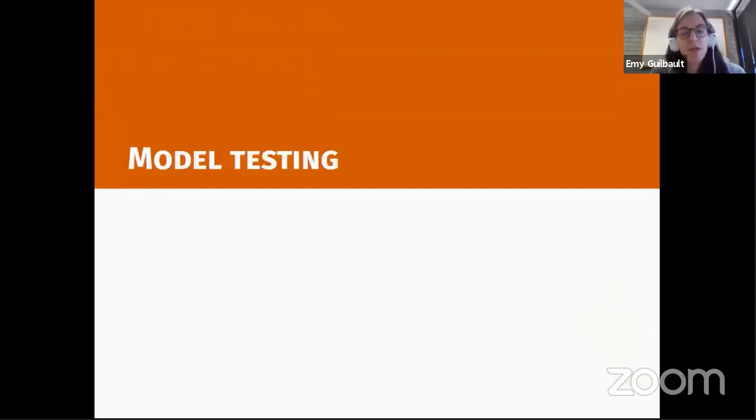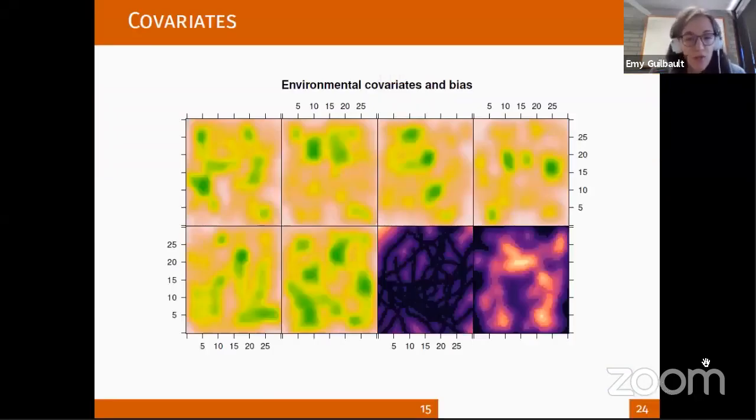But what do we get from this model? We are doing ongoing model testing, using simulation for starters. So we modeled some environmental covariates. Here we have 4 extinction covariates, colonization covariates, and 2 bias covariates: the distance to the road for presence-only data, and the probability of detection for the occupancy data.